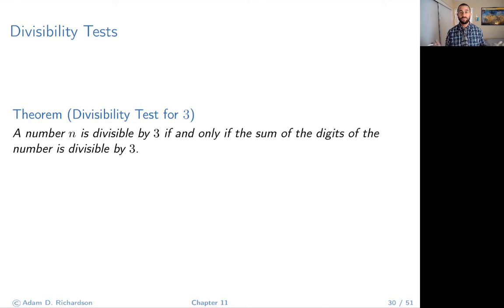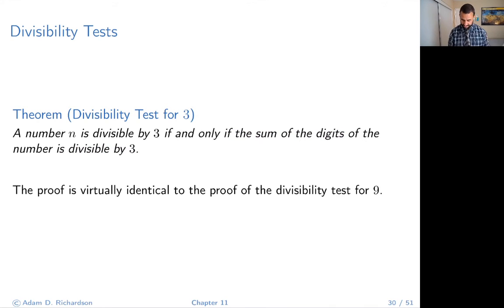So the divisibility test for 3, funny enough, is exactly the same. The divisibility test for 3 says if the sum of the digits is divisible by 3, then the whole number is. And the other way, a number is divisible by 3 only if the sum of the digits is divisible by 3. The proof is identical to the one for 9, so we're not going to do that.